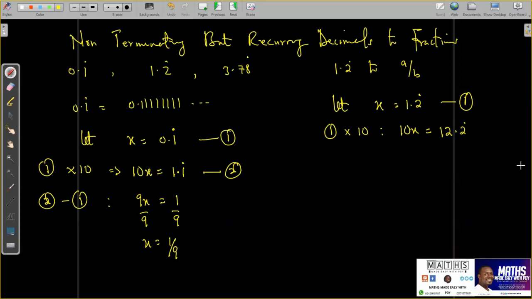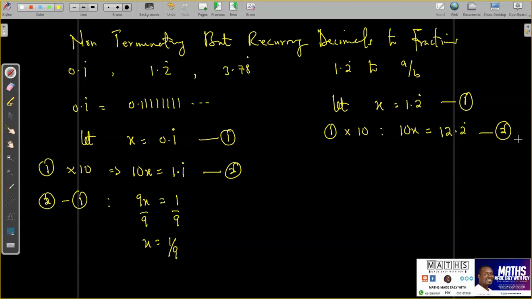At this moment, we have generated equation number 2. Our main concern right now is to get rid of the recurring decimals, and we've succeeded in writing 2 equations which can help us do away with the recurring decimal.